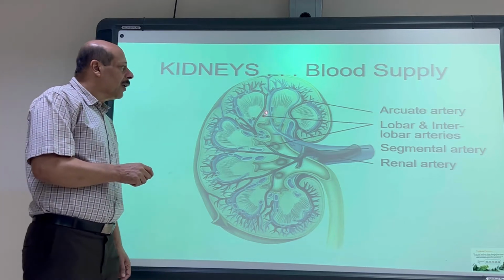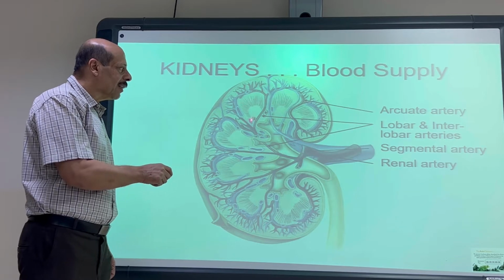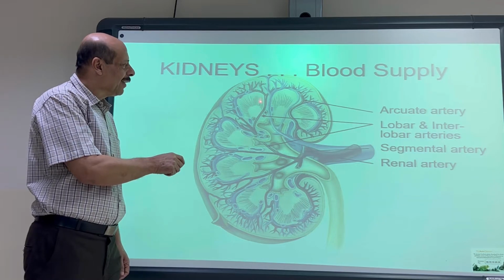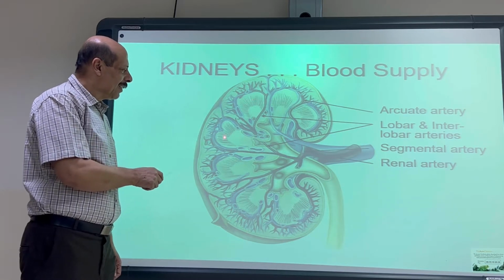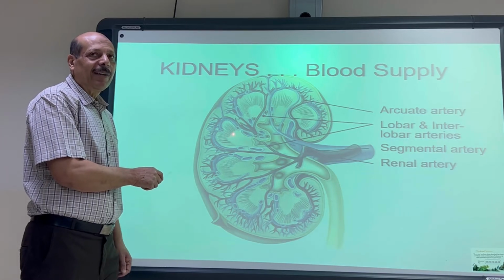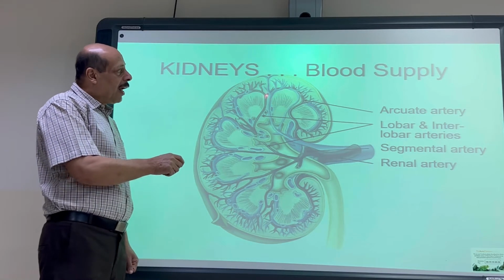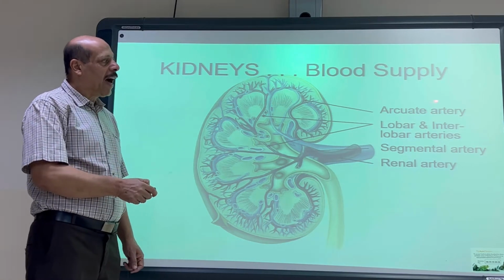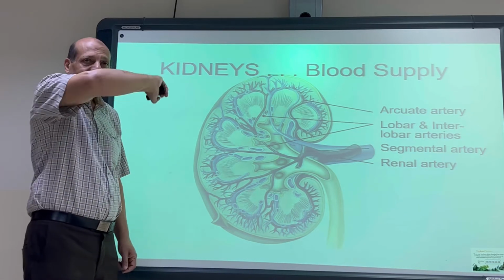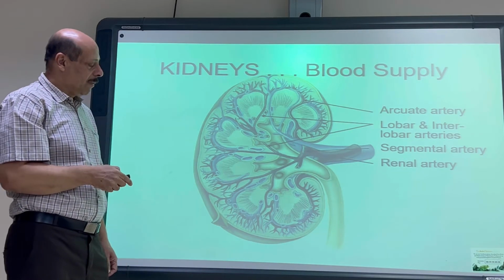Then what do we call this part of the kidney? Did you remember? From the shape of it, the name is coming from the shape. Pyramid. So around the pyramid there is what we call the arcuate artery, which comes around the pyramids.